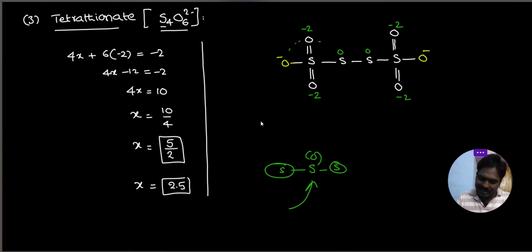So now the surrounding sum of the oxidation states: minus 2, minus 2, minus 1, 0 means minus 5. So this should be plus 5. Clear everyone?